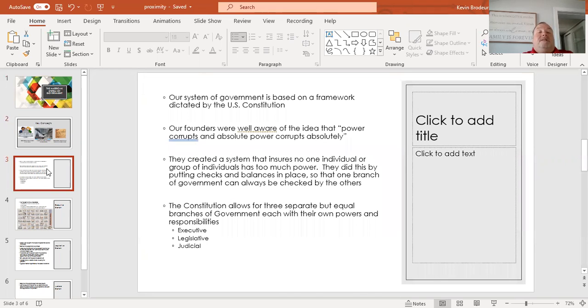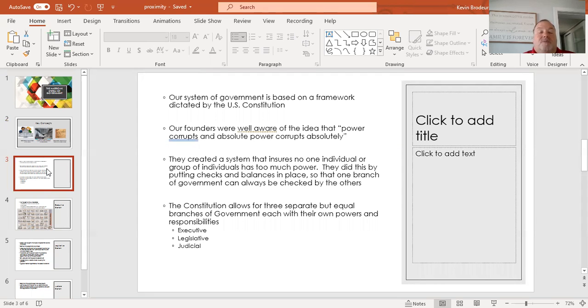Our system of government is based on a framework dictated by the US Constitution. Our founders were very much aware of the idea that power corrupts and absolute power corrupts absolutely. We had just fought the Revolutionary War a few years before.